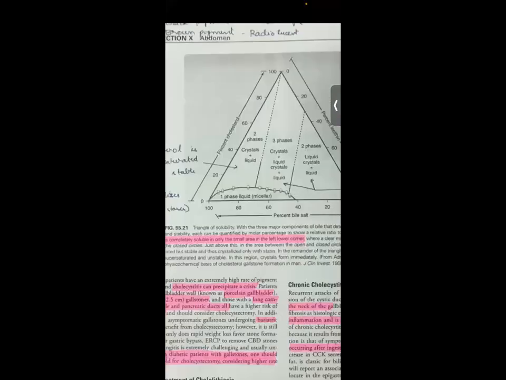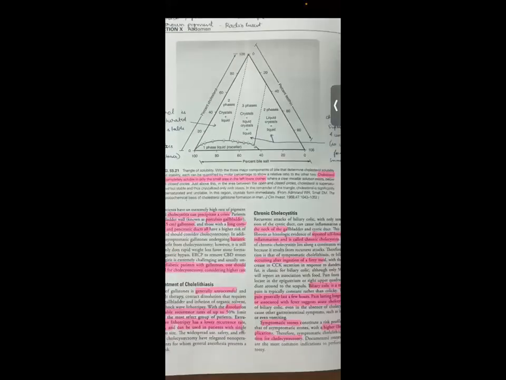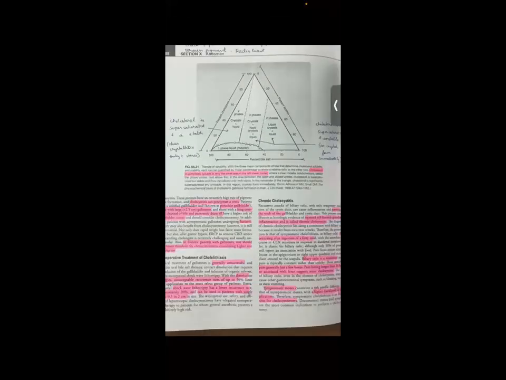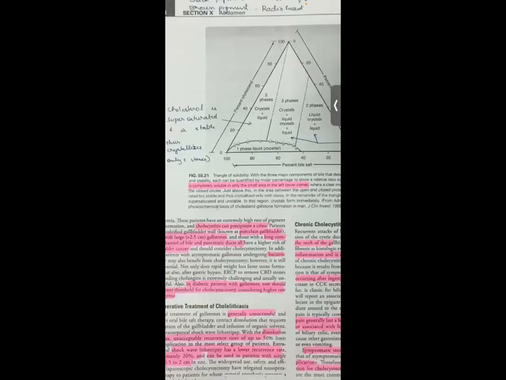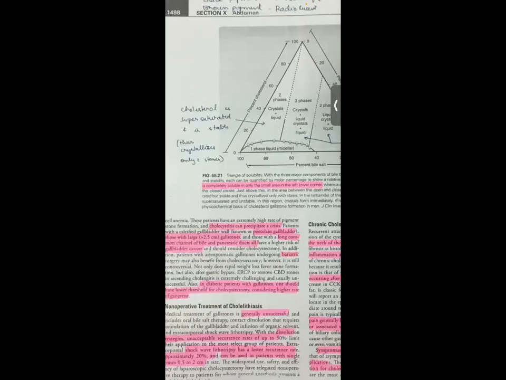Before that, we'll just see this diagram. On the right side there are two phases, crystal and liquid phase. Cholesterol is supersaturated on this side, so crystallization occurs only with stasis. If crystals and liquid are there, only if there is stasis will there be stone formation.